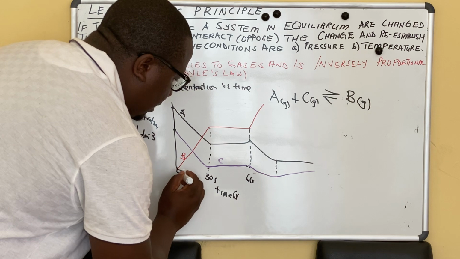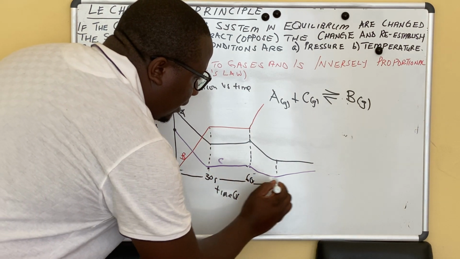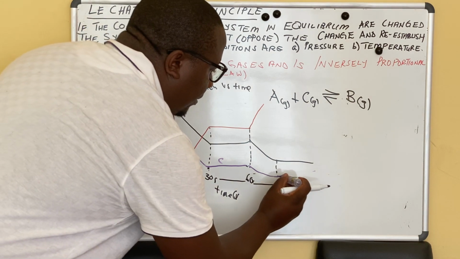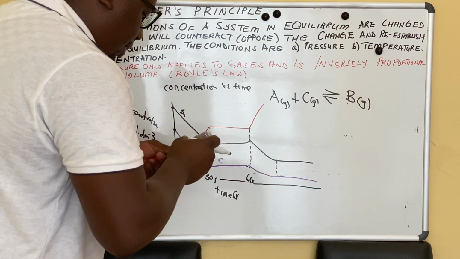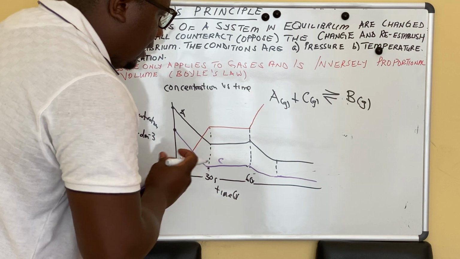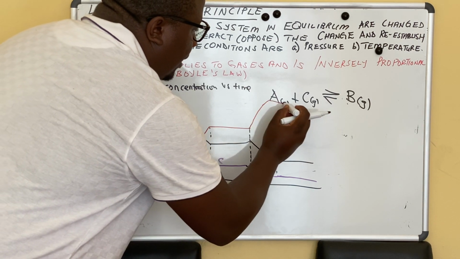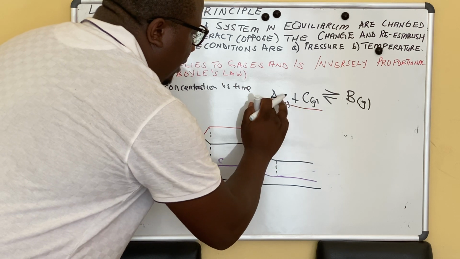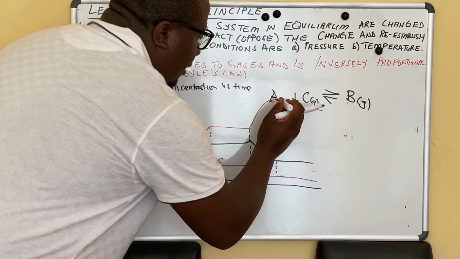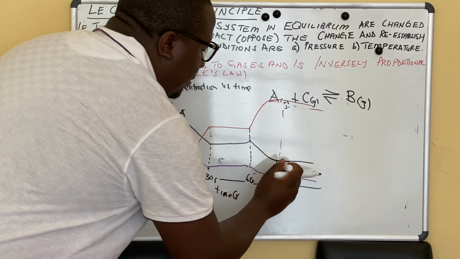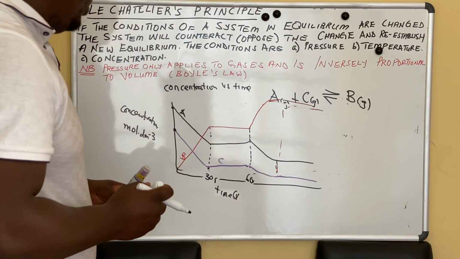Let me just do this line down here so that it can make sense. So there will be a point where a new equilibrium is established. Somewhere here is where we are having our new equilibrium.